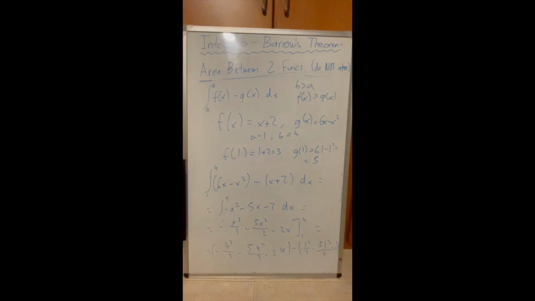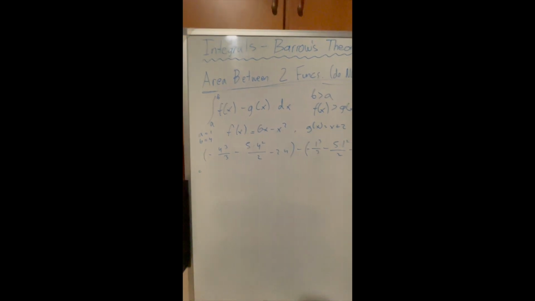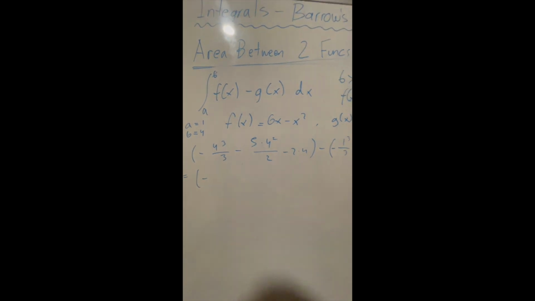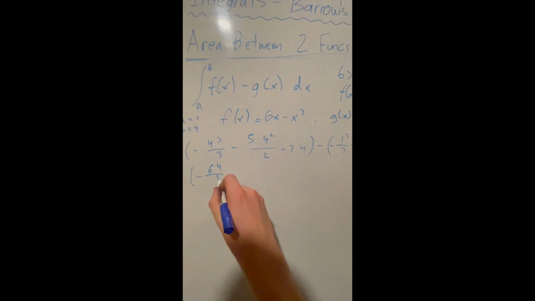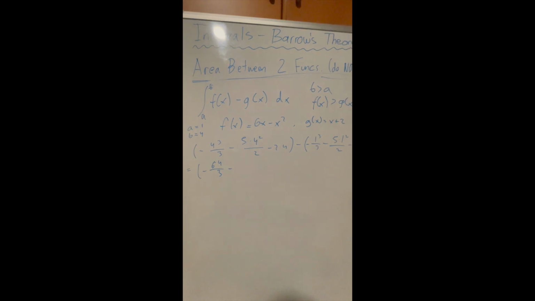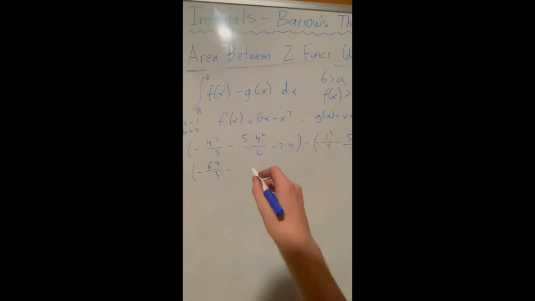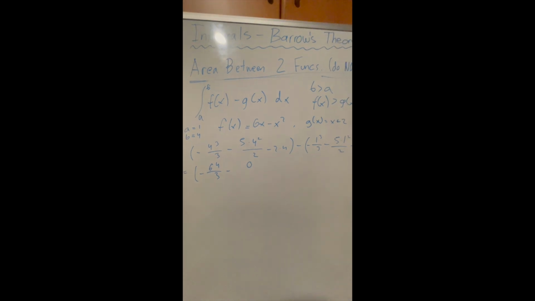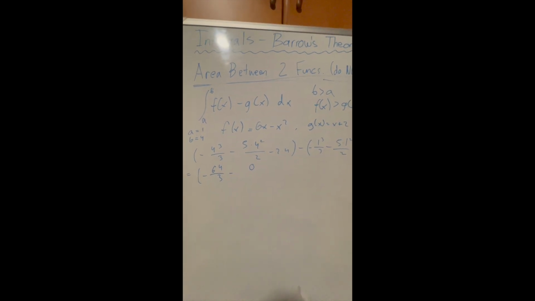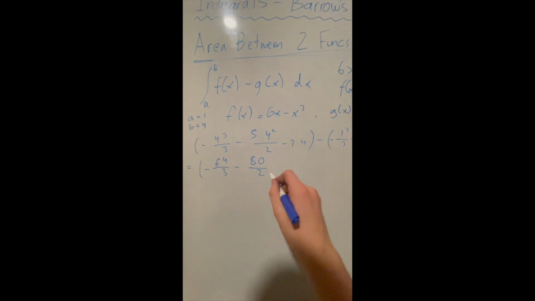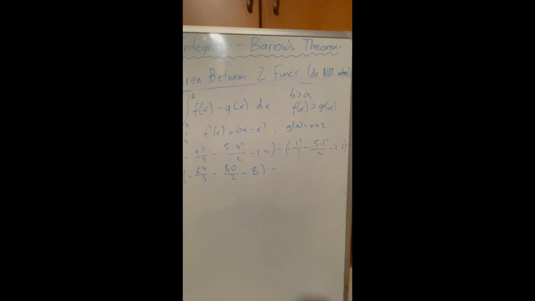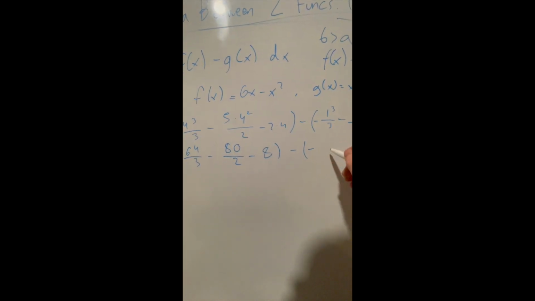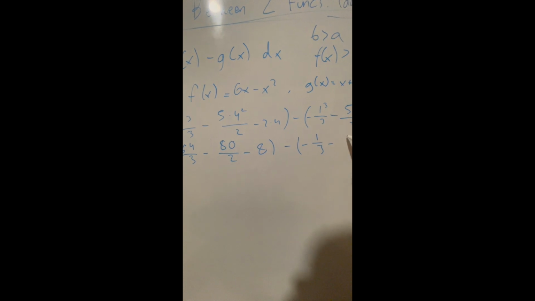So now we're left with this, where we have minus 4 to the power 3, 4 times 4, 16, 16 times 4, 64, 64 over 3, minus 5 times 16, which is 80, 80 over 2, minus 2 times 4, which is 8, minus 1 to the power 3, minus 5 over 2, minus 2.